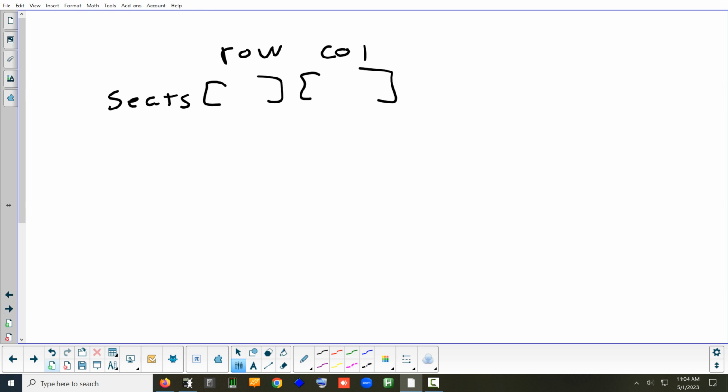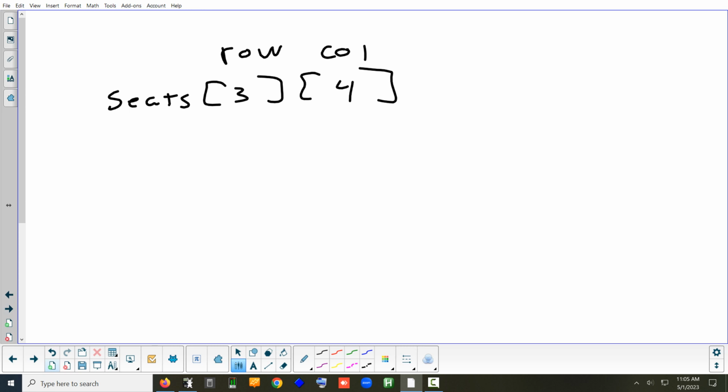So for each element in my matrix, I would go to a certain row and a certain column, and then I'd put names of people in that spot. So if I did 3, 4, that would be who's sitting in row 3, column 4. So row 3, that'd be 3 back. So 1, 2, 3, column 4, 1, 2, 3, 4. So Ian would be sitting in row 3, column 4.